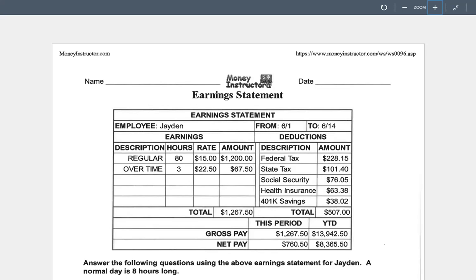So for this pay period on this earnings statement, the federal tax deduction taken out of his paycheck, not his account, out of his paycheck, is $228.15. $228.15 was removed from Jayden's paycheck to pay federal tax.